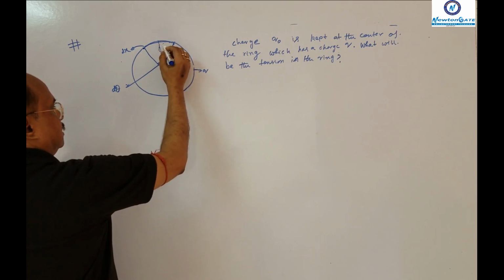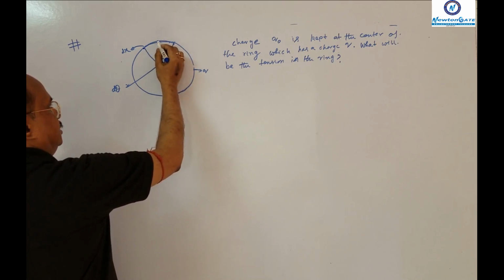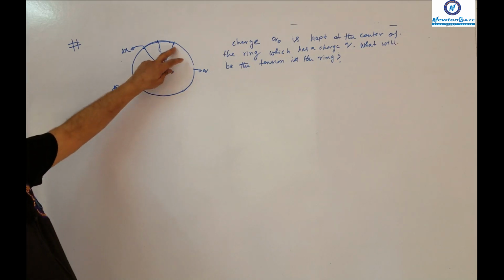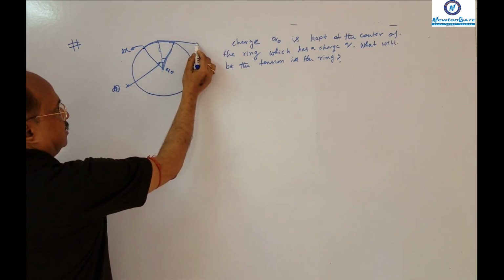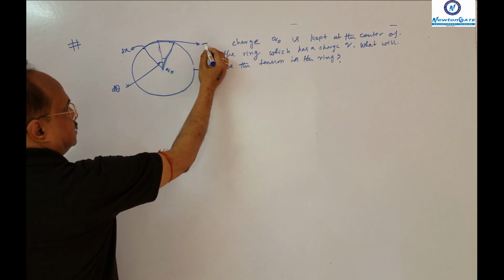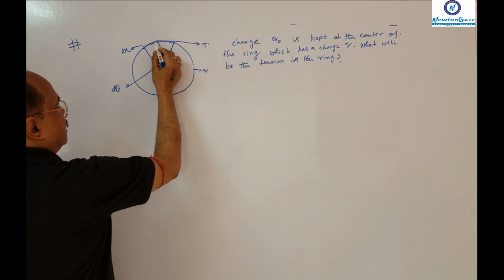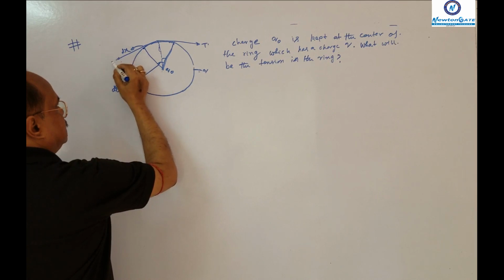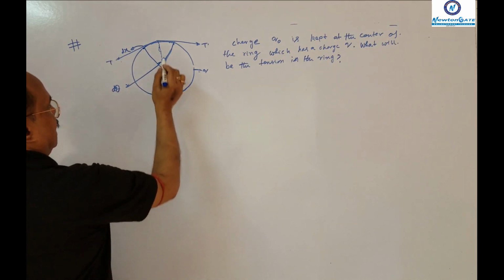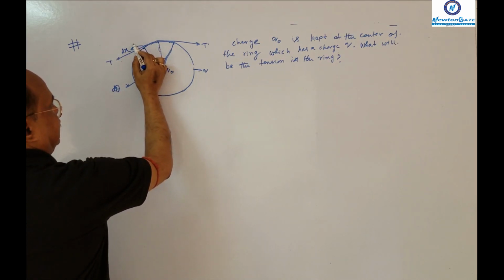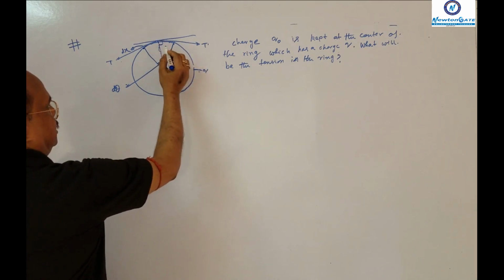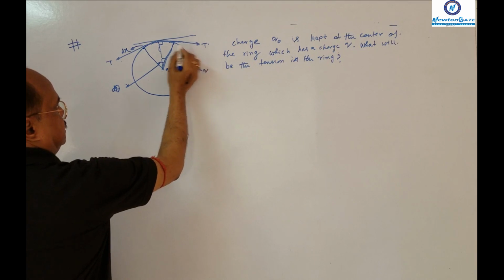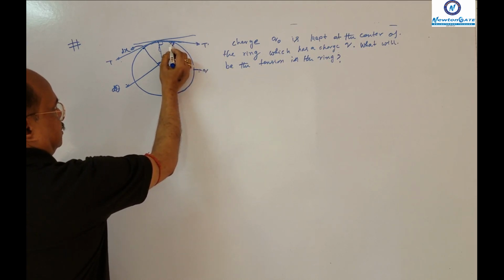Now the tension will be acting on this small element dx. It will be like this, one on this side and one on the other side, each T. Now if I draw a tangent exactly at this position, it will be like this.